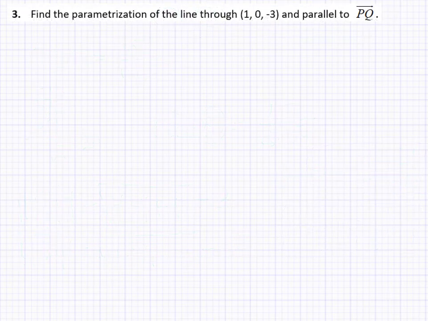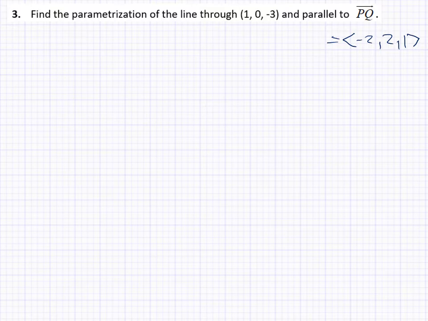Parametrization of the line through (1, 0, -3) and parallel to PQ. So remember, PQ is the vector (-2, 2, 1). The two things we need are the two things that are given. Sometimes it's that easy. Sometimes it's not. Sometimes we've got to do a little bit more work.